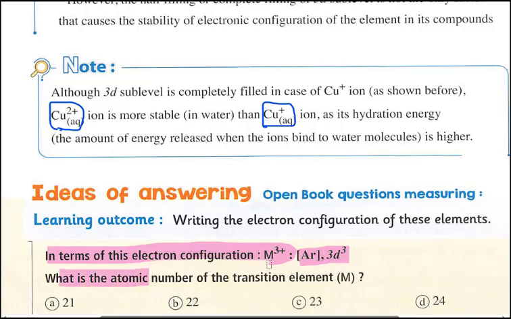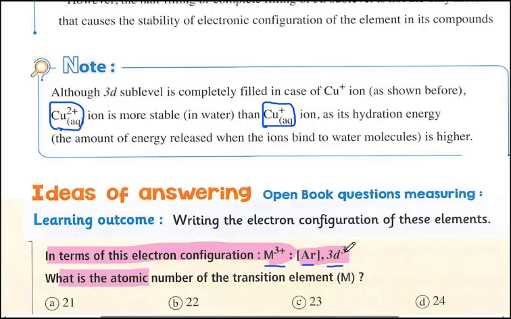Generally speaking, M positive 3 loses 3 electrons to convert from the elemental state to the positive ion. Its electron configuration contains argon 18 and 3d3, 3 electrons in the 3d, plus the 3 electrons lost when it was converted from the elemental state to this ion.